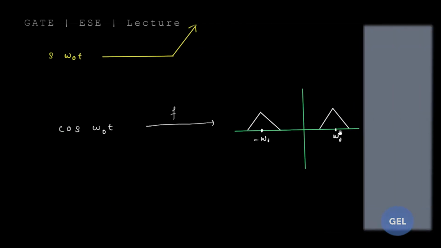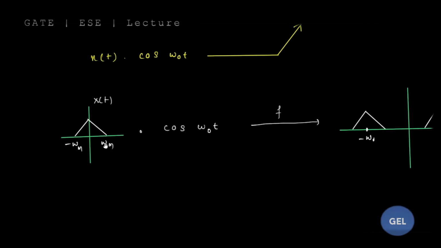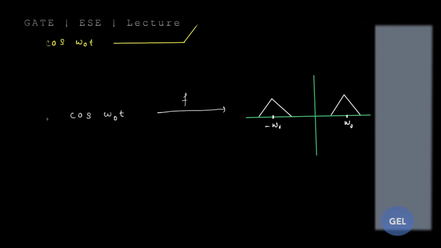If this is your message signal, your input signal, the frequency range associated with it is minus omega m to omega m. That means these values will be omega naught plus omega m and omega naught minus omega m. We will have a brief discussion in communication.